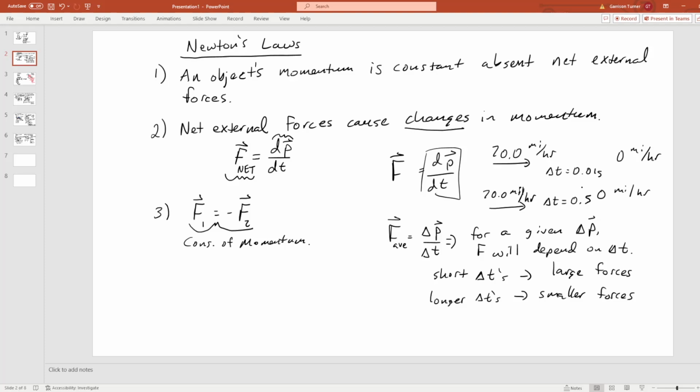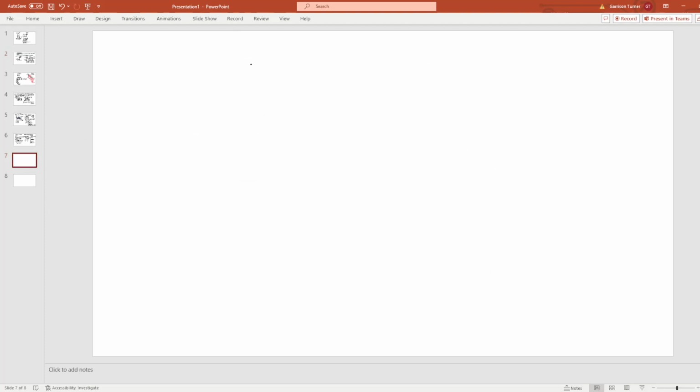So to wrap up, right, momentum is equal to mv. Your impulse is equal to your integral of your force over your time, and it is also equal to your change in momentum. Okay? So these are the equations that you want to keep with you moving forward.